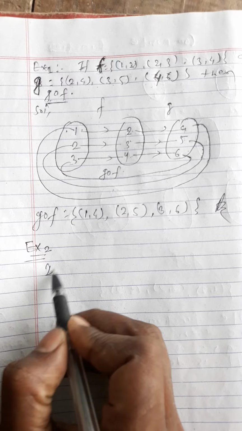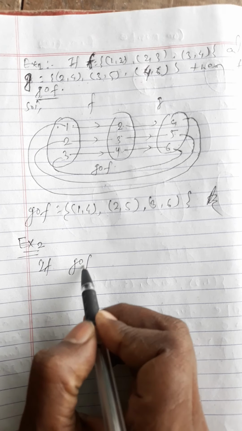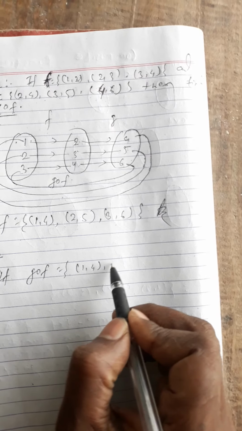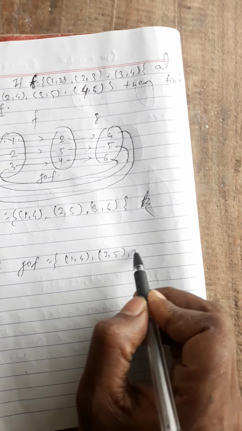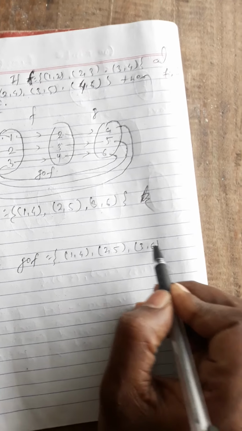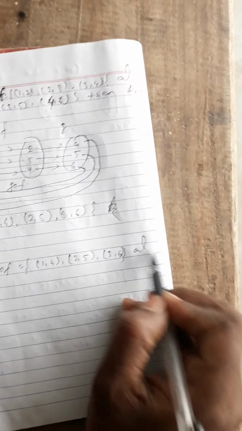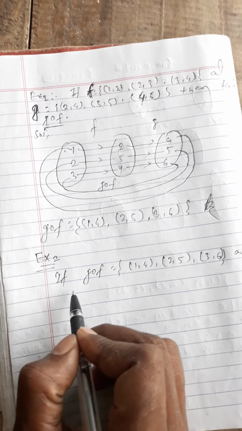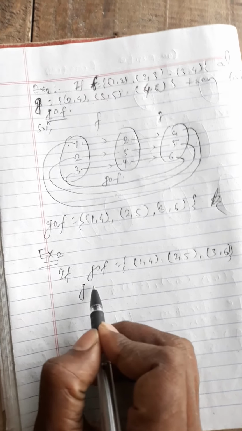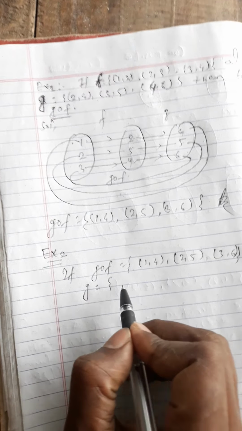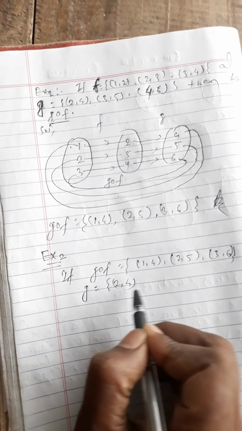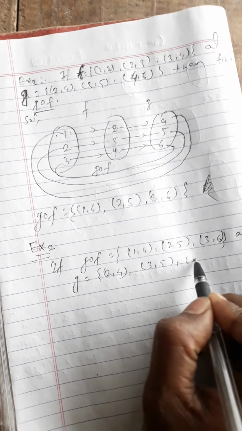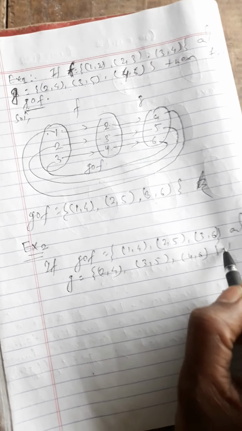If g operation f is equal to {(1,4), (2,5), (3,6)} and g is equal to {(2,4), (3,5), (4,6)}, then find function f.